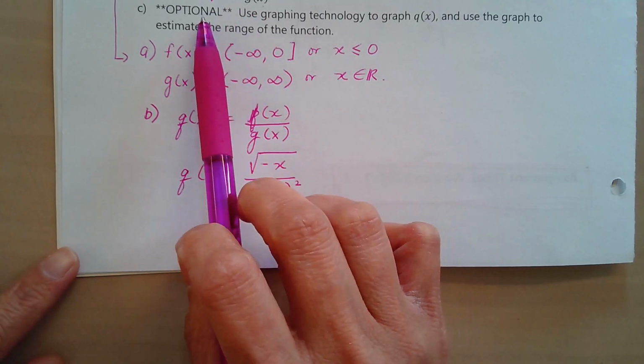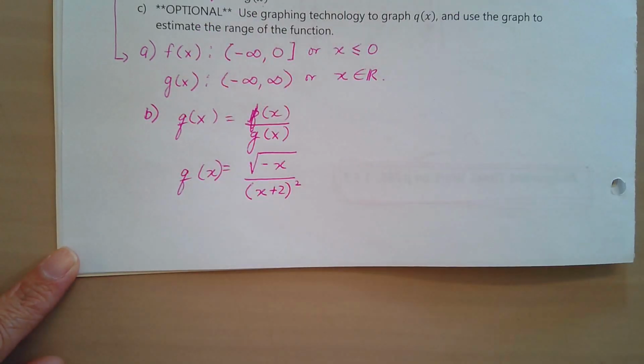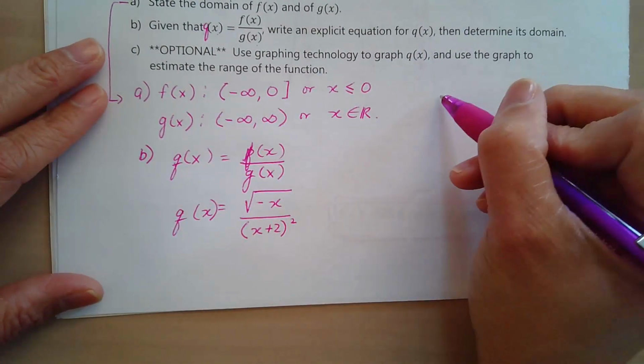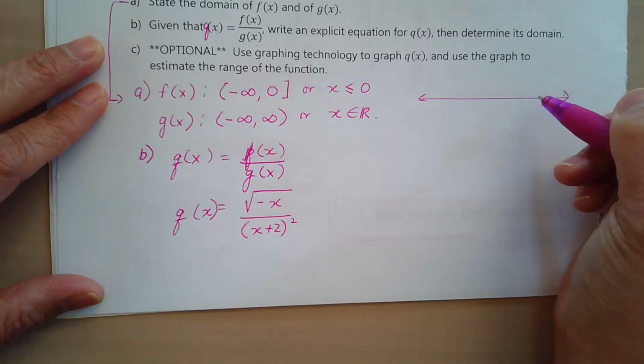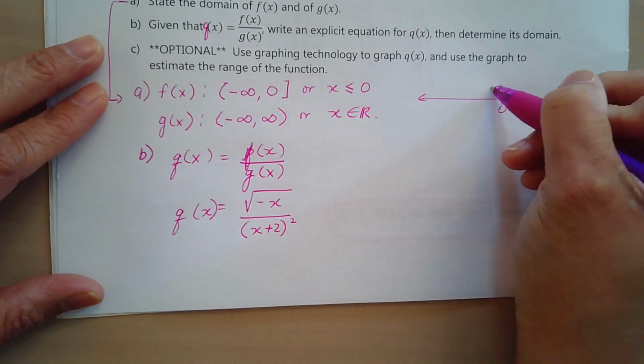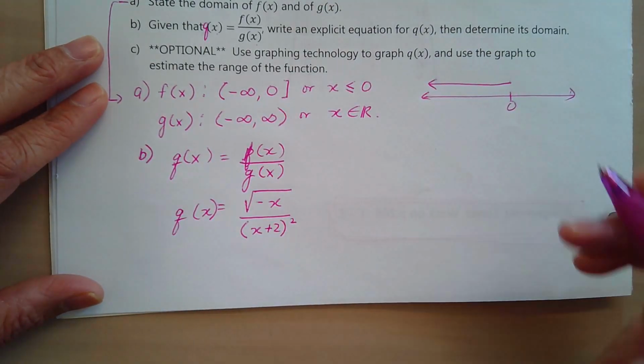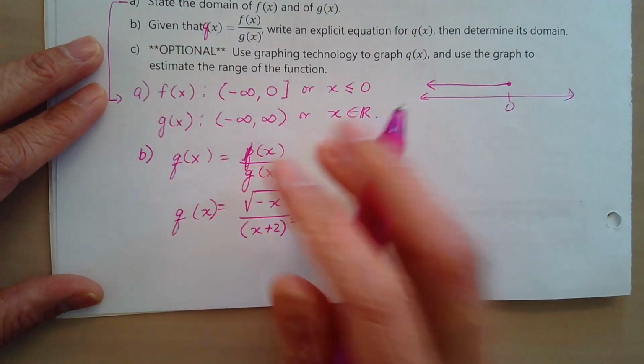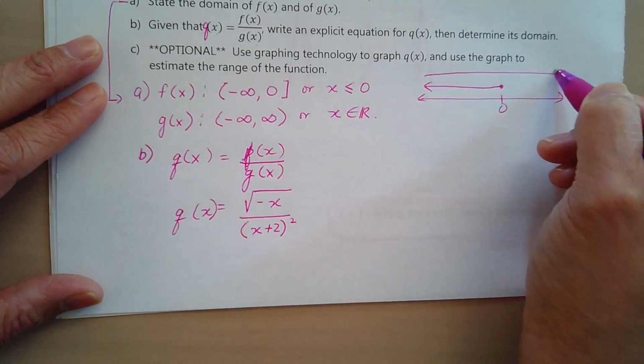Now, it says here, what's the domain? So here, the domain for f of x is from 0 and everything less than 0. And then for g of x it is from negative infinity to positive infinity.